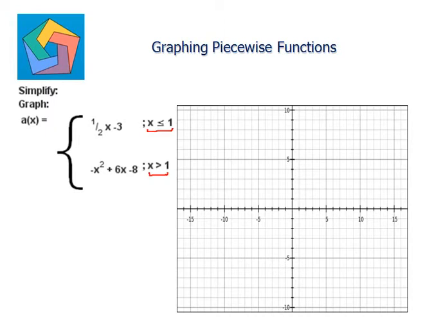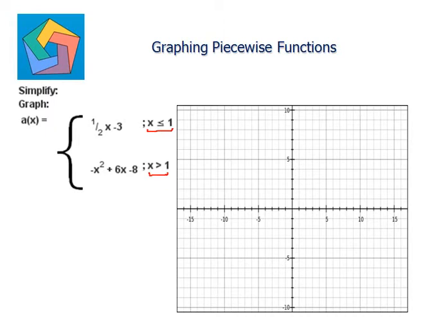Domain is the set of values which we input in the function to get some output. So since 1/2 x minus 3 is defined for less than or equal to 1, we'll take the values for x only less than or equal to 1, and for the quadratic function we'll take the values greater than 1.